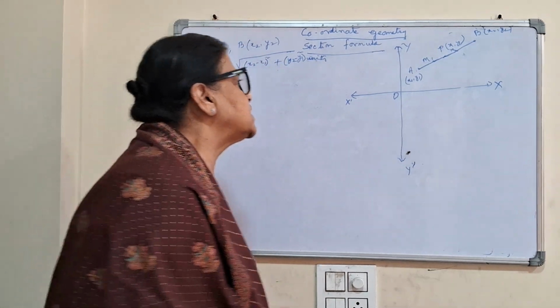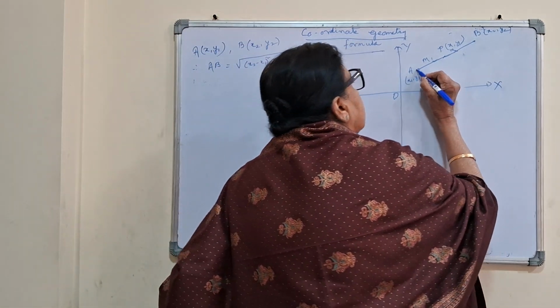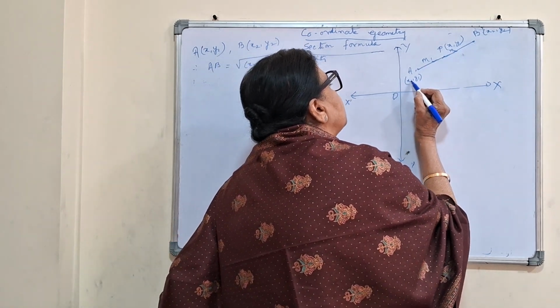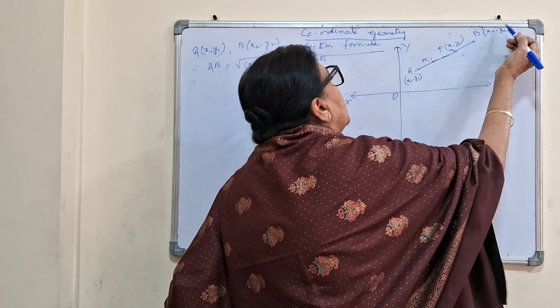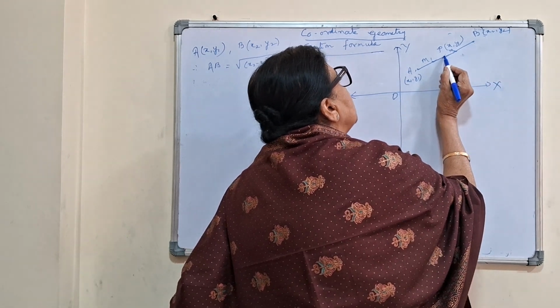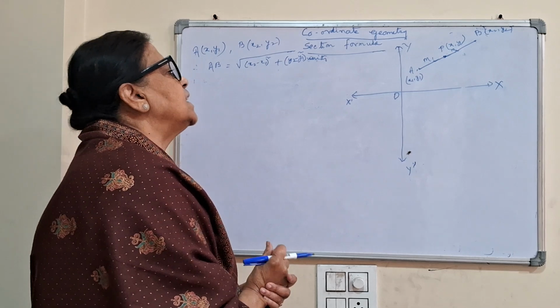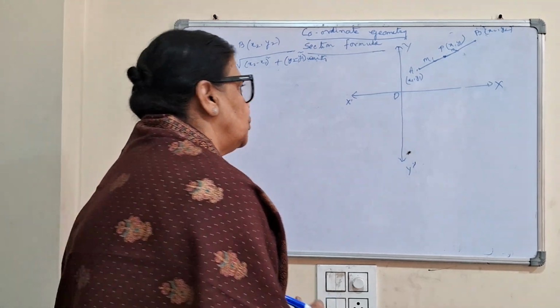What do you mean by section? Take a line segment AB whose coordinates are A (x1, y1) and B (x2, y2). P is a point which divides the line segment into M1 and M2.